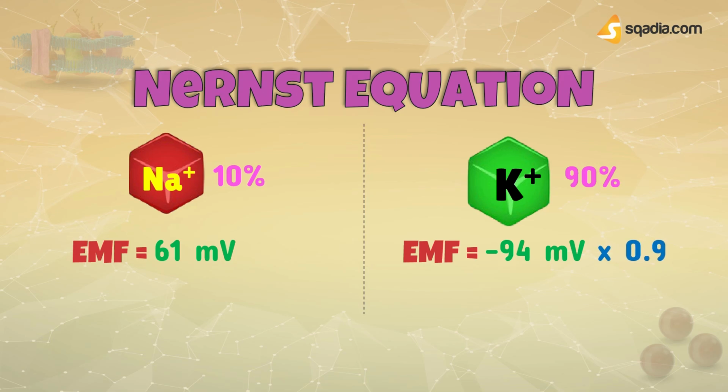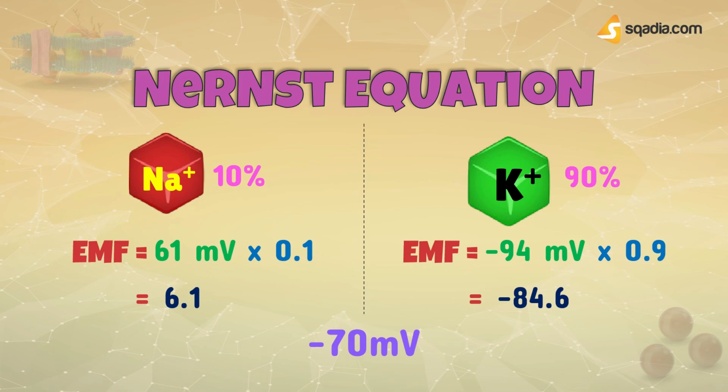There will be -94 millivolts of potassium multiplied by 0.9 as in 90% of permeability. Then there will be 61 millivolts of sodium multiplied by 0.1 as in 10% of permeability. The sum of both these values will be around -70 millivolts. This is the resting membrane potential of a nerve fiber.